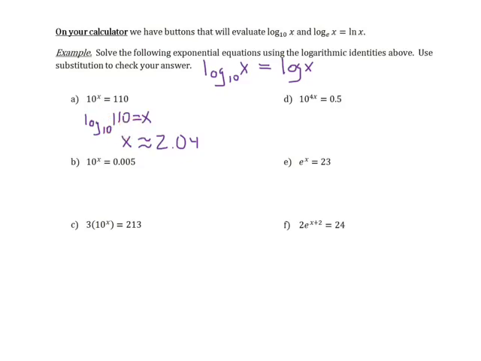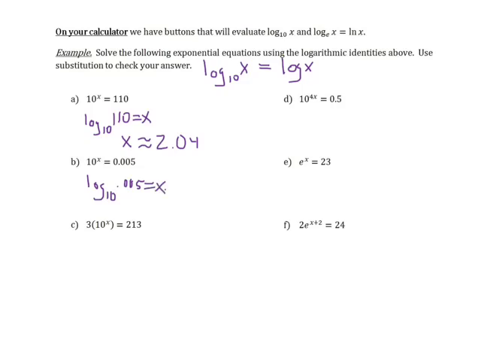Well, let's use the same idea over here on b, and you can try it out. You can pause this and see what you get. And what you should get is something like this. Again, let's rewrite it as log base 10, because that's our base, of 0.005 is x.